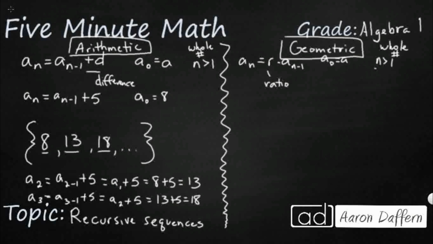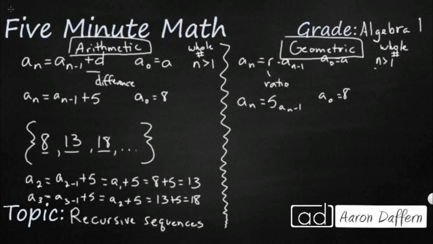So let's say our sequence is going to be a of n equals, let's make our ratio 5. Our difference was 5 in the other one. Let's make that 5. And then we're going to do times a of n minus 1. And let's say our a of 0 is going to equal 8.